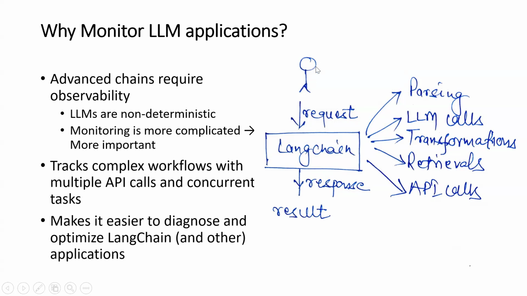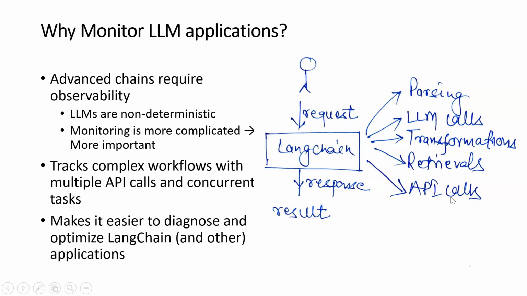For example, if a user sends a request to the chain we have built using different components, there may be a lot of things going on. Information is getting passed. There are a lot of large language model calls. Maybe we are using two different LLMs, so calls are going to two LLMs. There are data transformations, and there are retrievals. If we are using vector databases, we are retrieving values from the database.